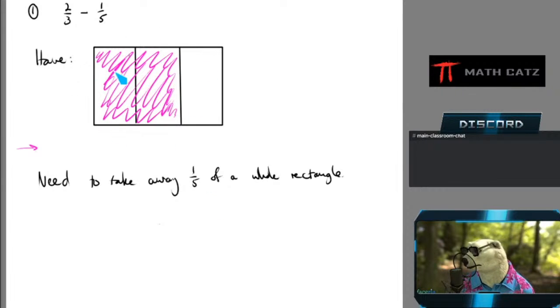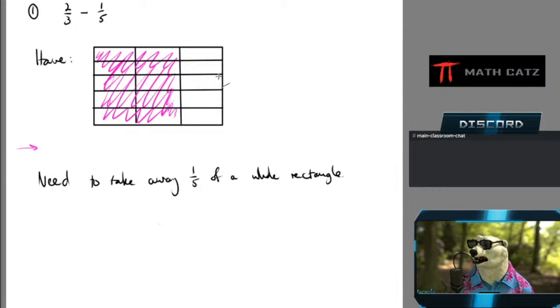So on this, we're going to draw our horizontal lines according to the other denominator, which is 5. Try and make them as equal slices as possible, but the 5 is always left with some bigger than the other. If you really measure, some are a little bigger, but it's pretty close.